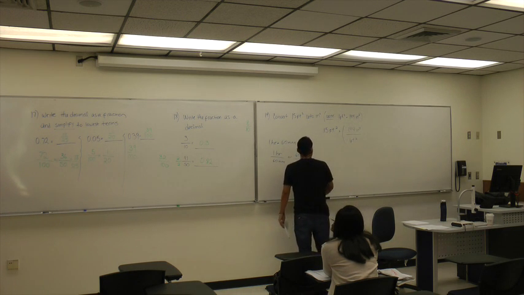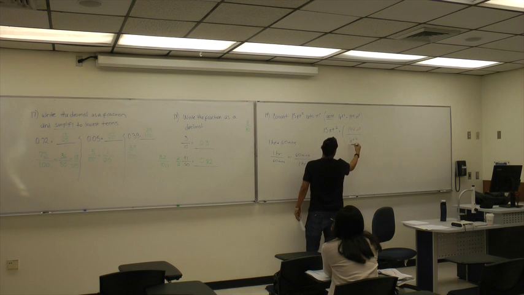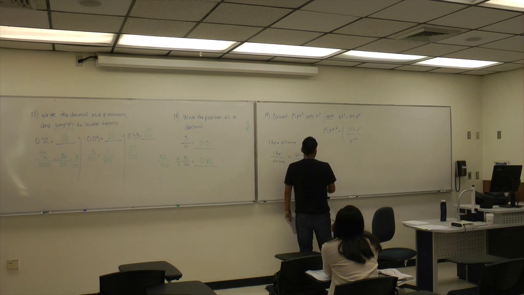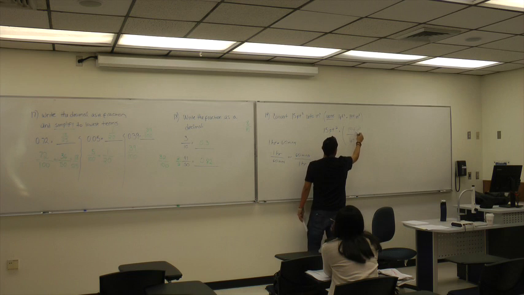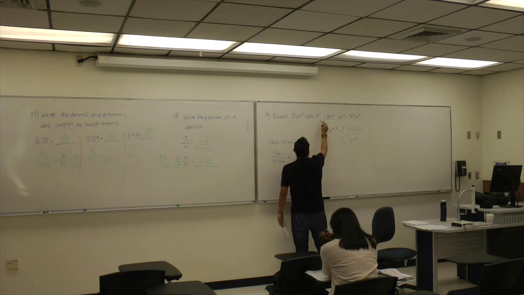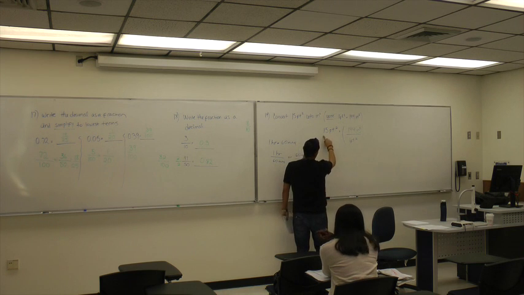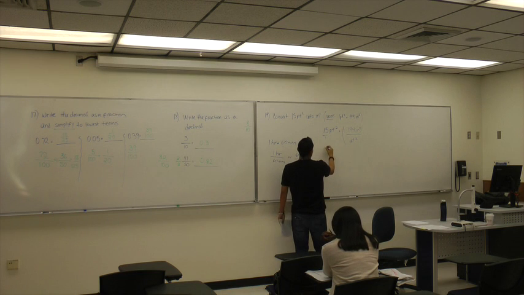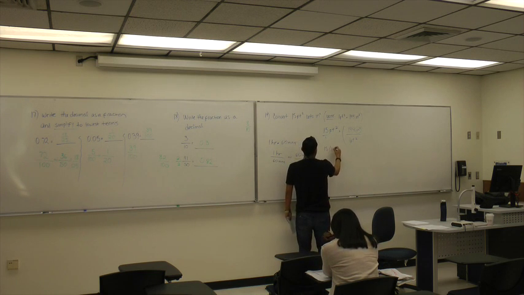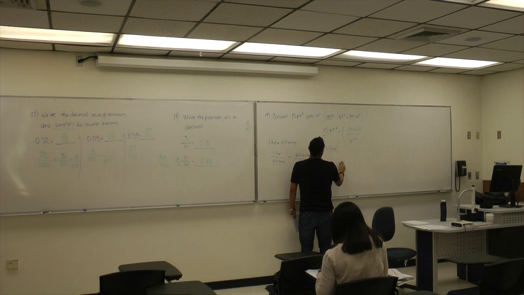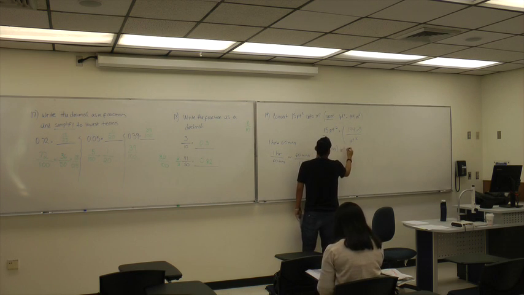As you can see, feet squared cancels with feet squared, and you only have inches squared, which is what they're asking for. And it'd be a 1 underneath the 15, right? Yeah, 15 is the same as 15 over 1. So now you can just multiply 15 times 144, and then you have the inches squared.